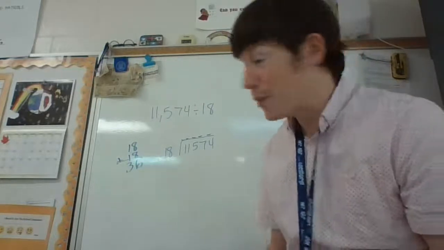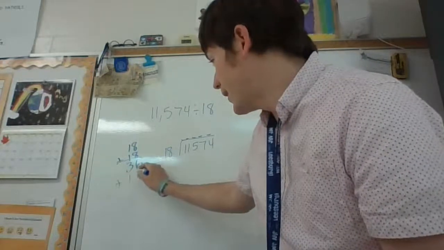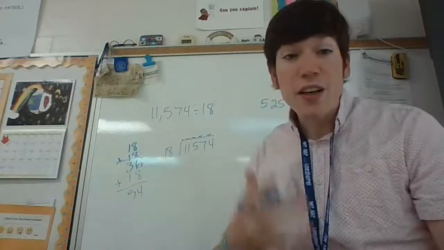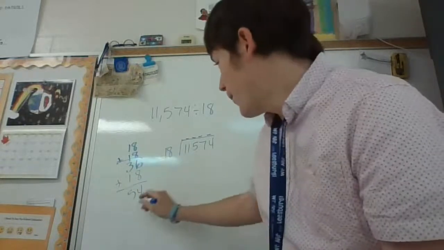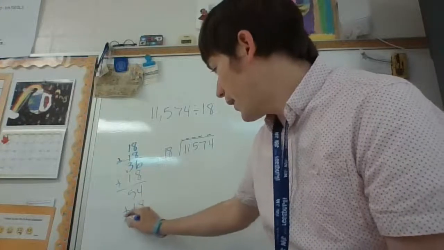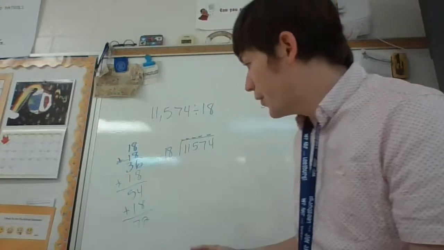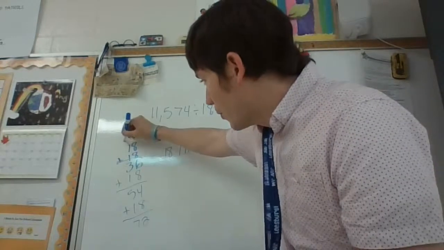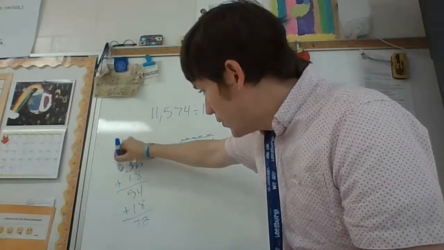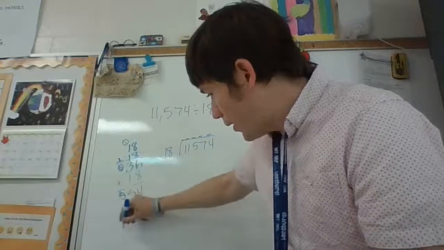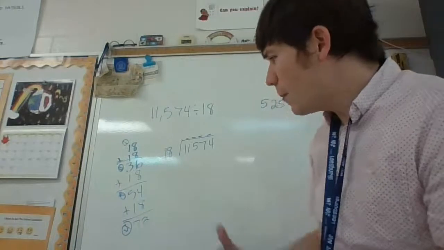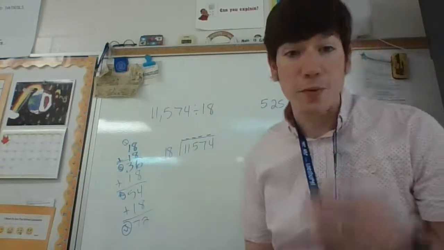To find the next one, you would add 18 to that, which is 54. You could continue that process over and over. If I added another 18, that would be 72. It's a good idea to label your multiples: multiple 1, 2, 3, and 4, and so on. That's an easy way to find your multiples.